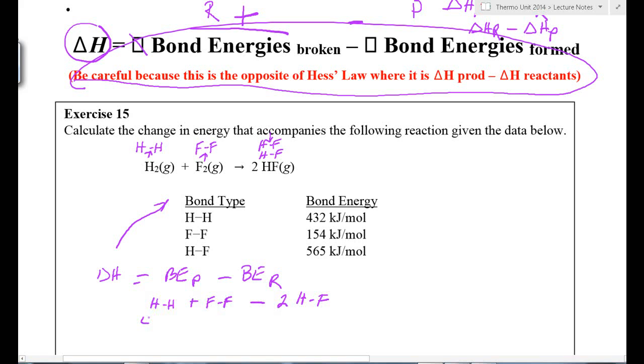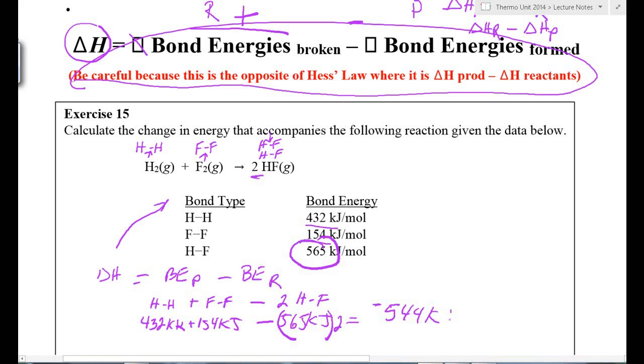So the energy associated with the H–H bond is 432 kilojoules, and the energy associated with the F–F is 154 kilojoules. And I'm going to subtract from that the energy associated with the HF bond, which is 565 kilojoules. And I need to multiply this one by 2, right? Because I'm making 2 of those because it's as written, right? So if I do that, I'm going to end up with negative 544 kilojoules per mole. It's that easy. Okay, I'm going to stop there.